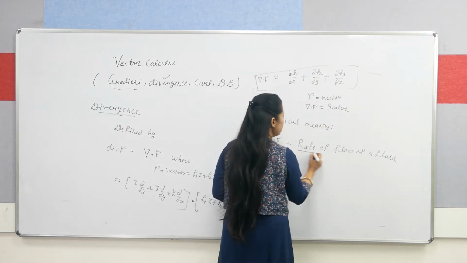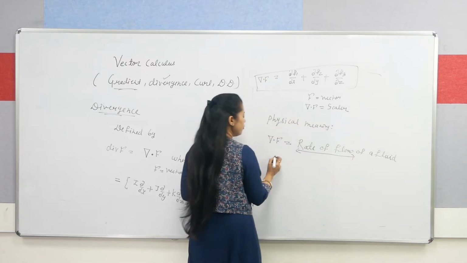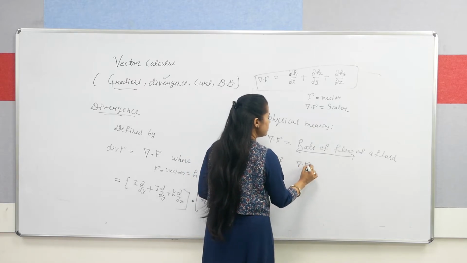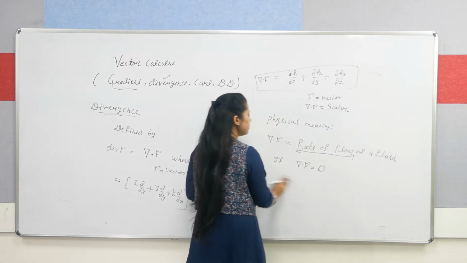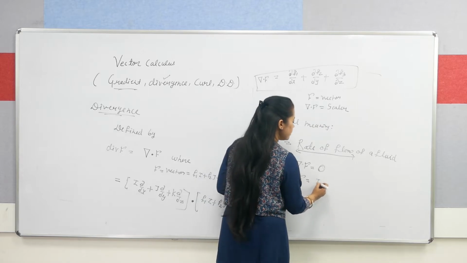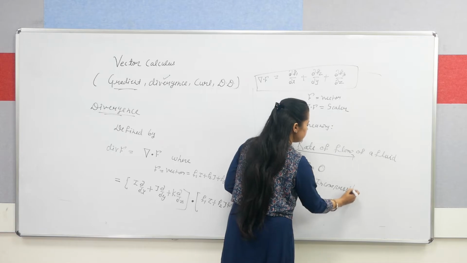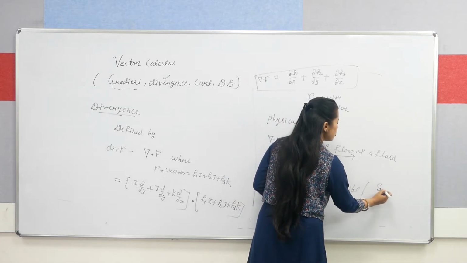If divergence F is equal to 0 in fluid dynamics, that means the function F is incompressible, or it is known as solenoidal.